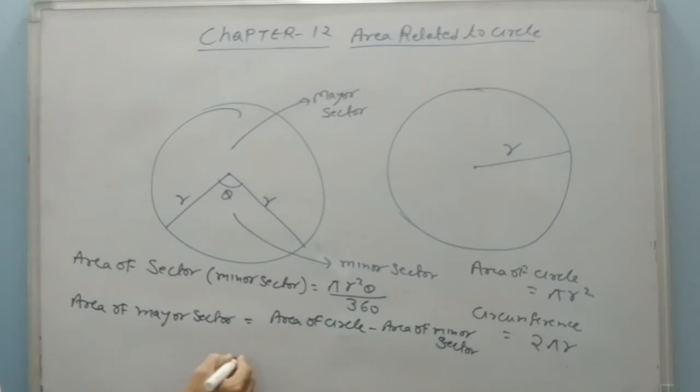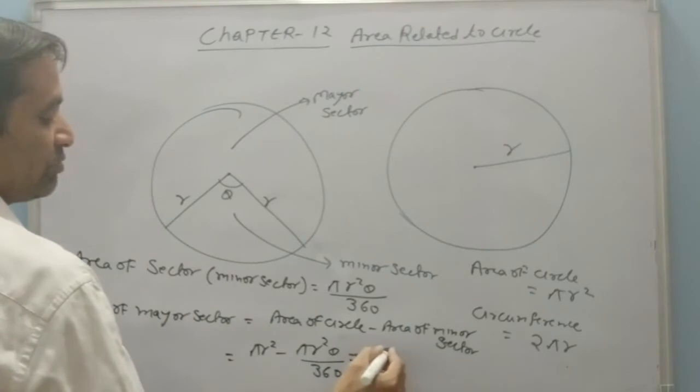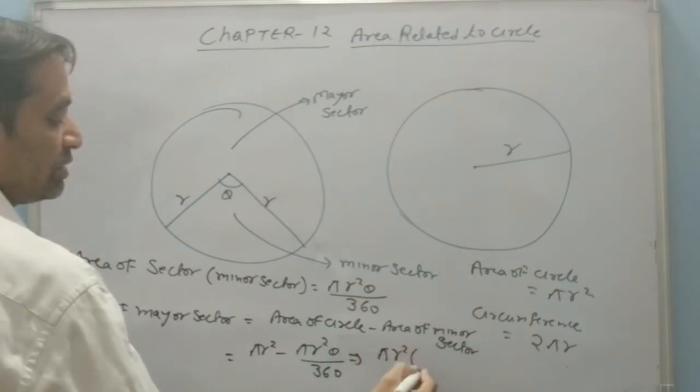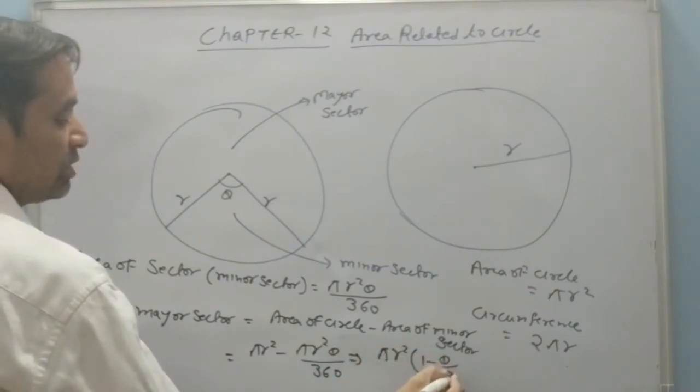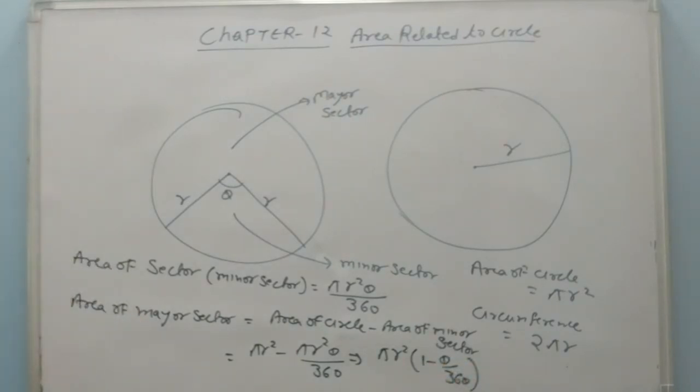So we can say pi r square minus pi r square theta upon 360. Or if I take pi r square common, the formula will be pi r square times 1 minus theta upon 360. These are some first basic points.